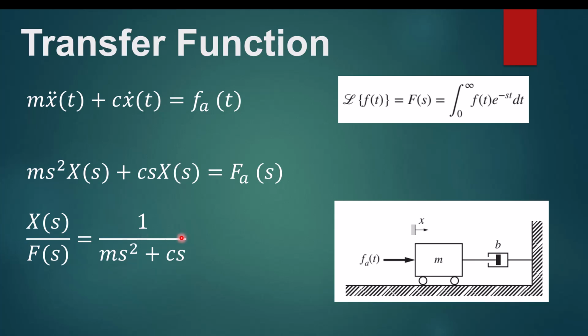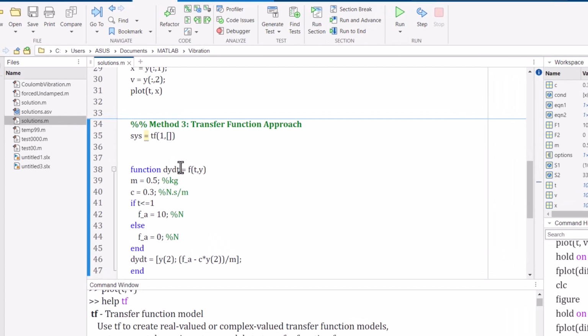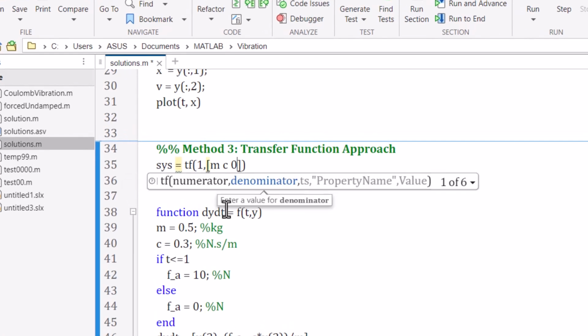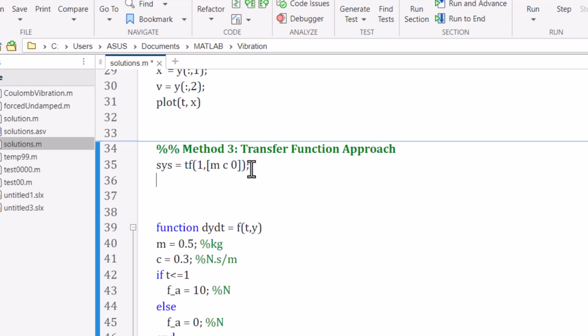If you want to find out more about this capability, go watch the tutorial and come back. So the way to define this polynomial using an array is by typing m c 0. So MATLAB looks at this as a second degree polynomial, m x squared plus c x plus 0. And this is our transfer function.